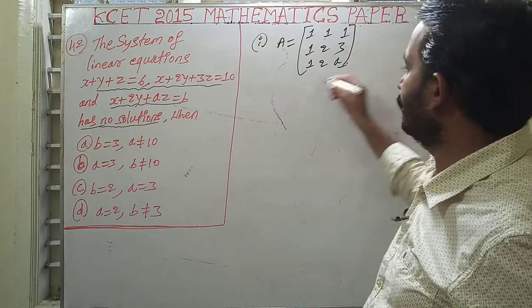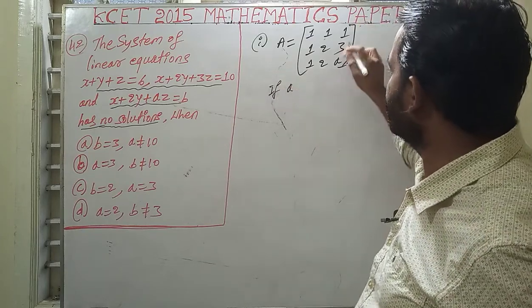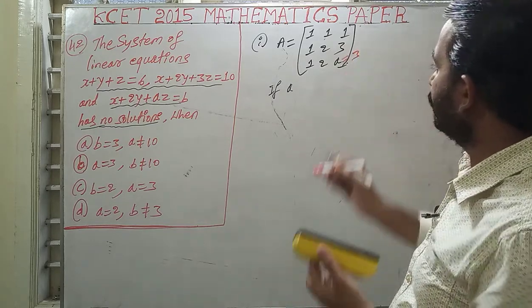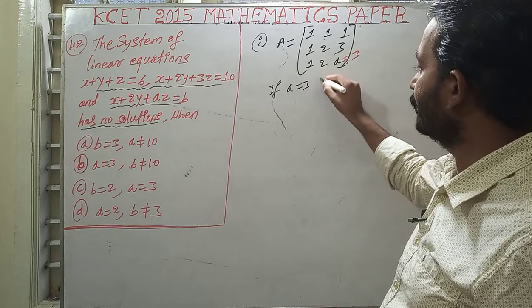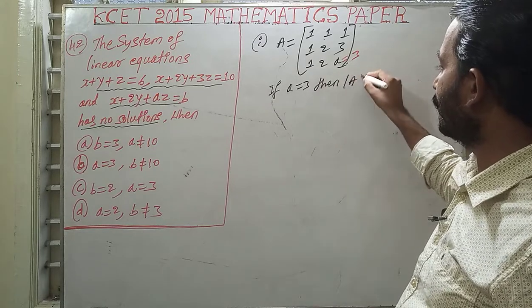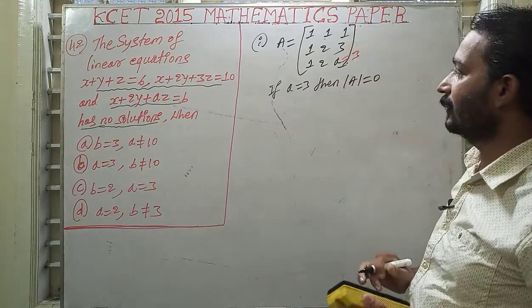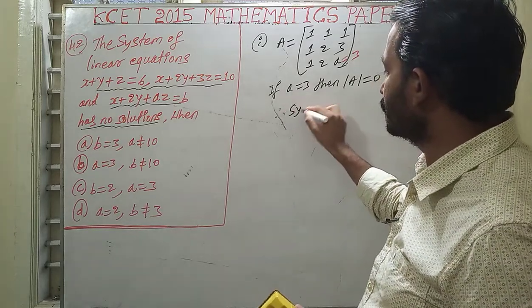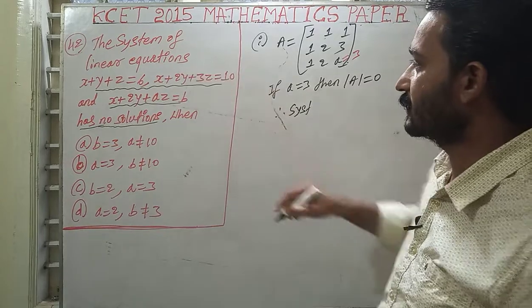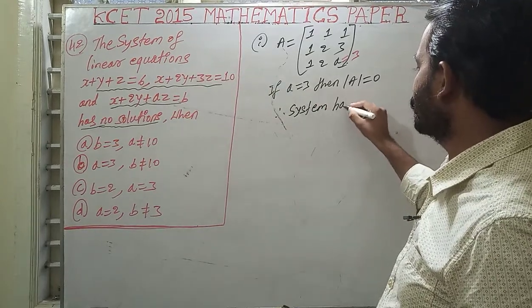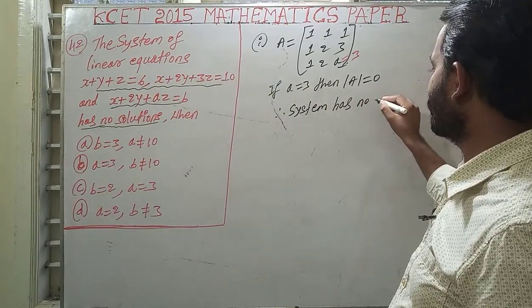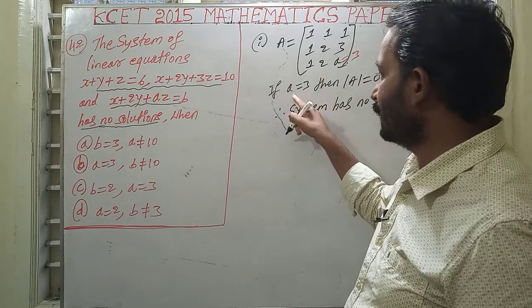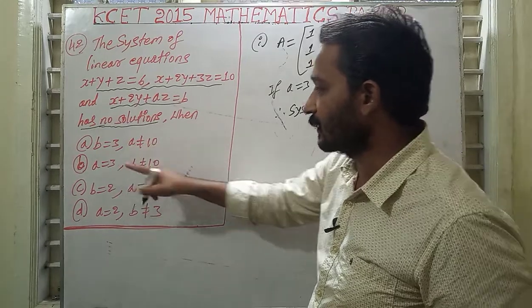In this case, if a is equal to 3, then the determinant is equal to 0 because 2 rows are equal. The system has no solution. This is essential. Therefore, a is equal to 3.